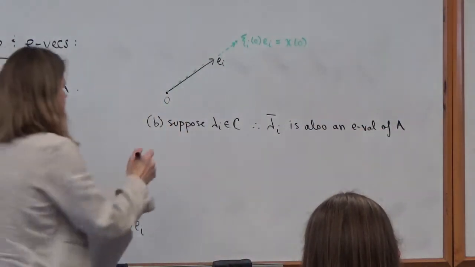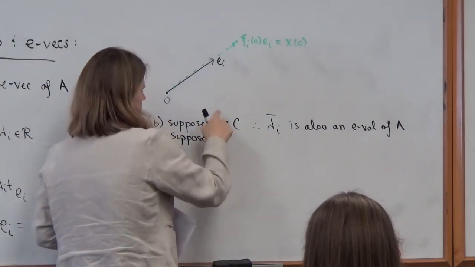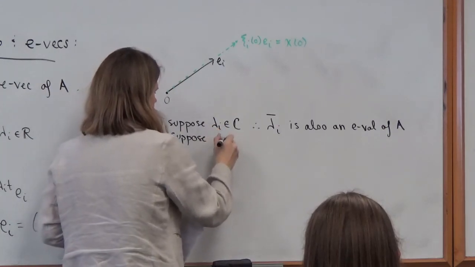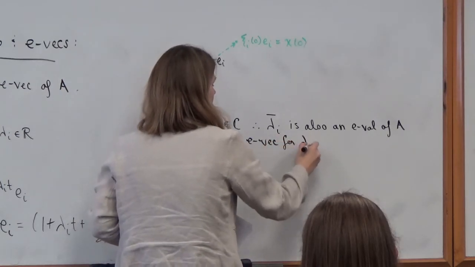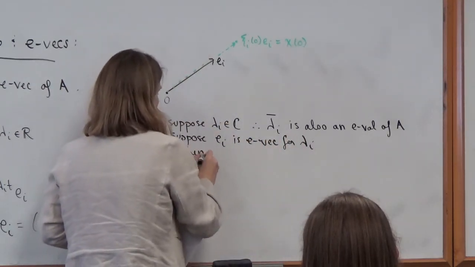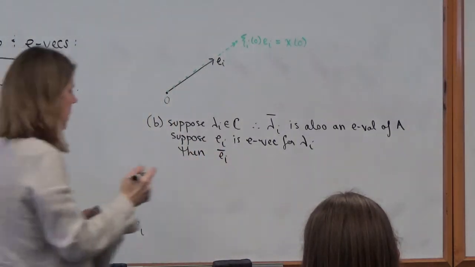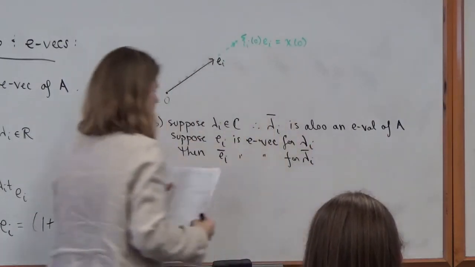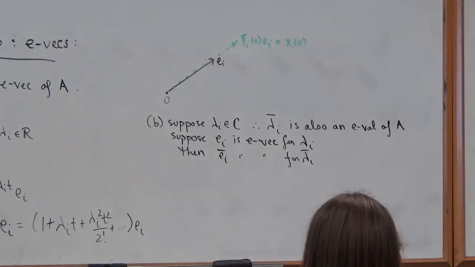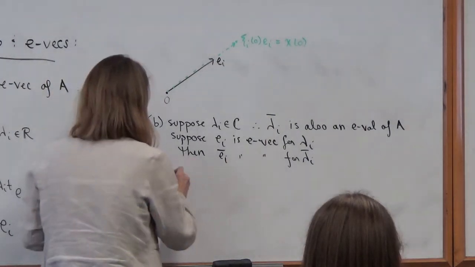And suppose that e_i is the eigenvector associated to eigenvalue lambda i. Then e_i bar, the complex conjugate of that vector, is the eigenvector associated to lambda i bar. And that's easy to prove. All right, so what does that mean? Let's use the notation I have in the notes.